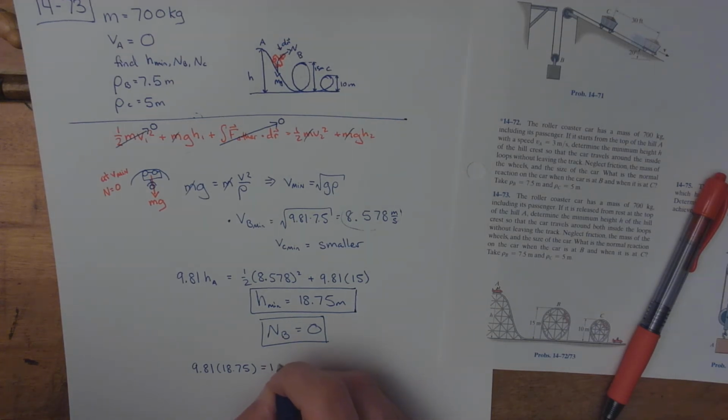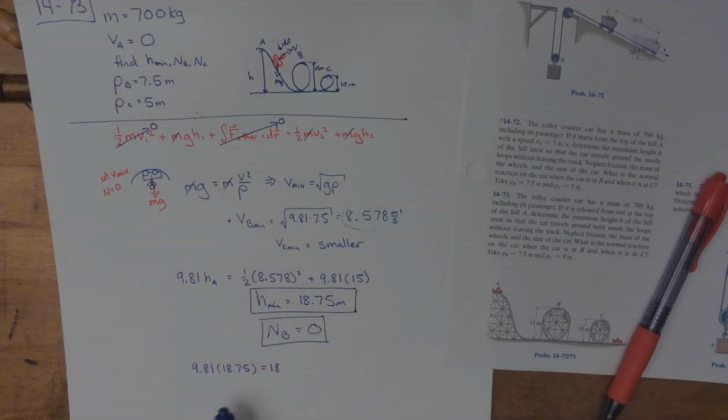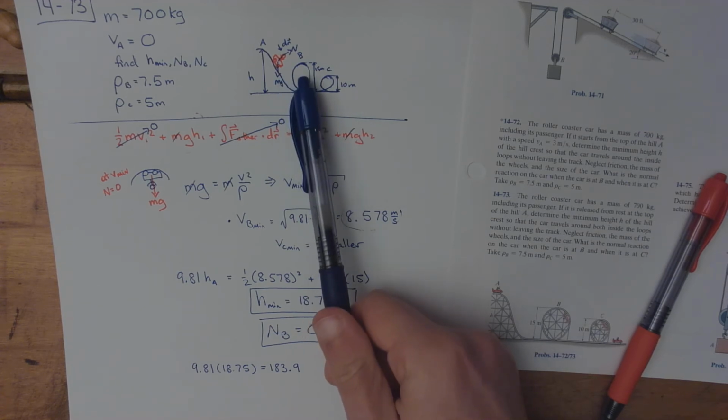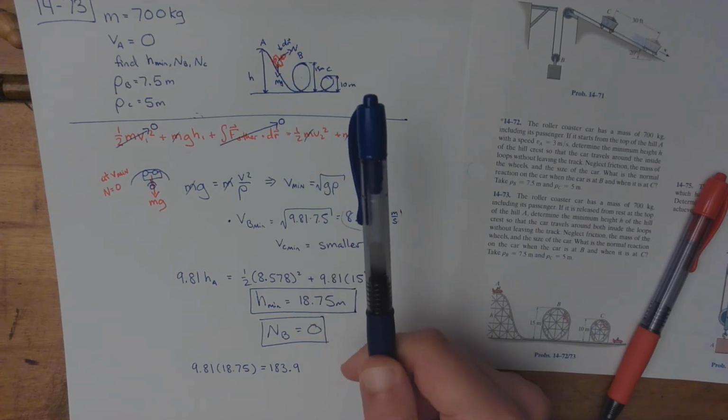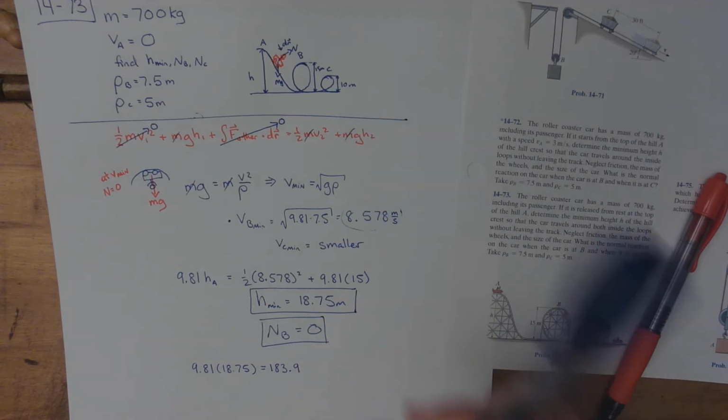And just bear in mind that I did cancel out the mass, so that's not actually the initial gravitational potential energy, it is just g times h. The fact that the mass cancels out is rather nice, so that if your friend safely goes around loops B and C on the roller coaster, then you can be pretty confident that you will make it around loops B and C safely as well.